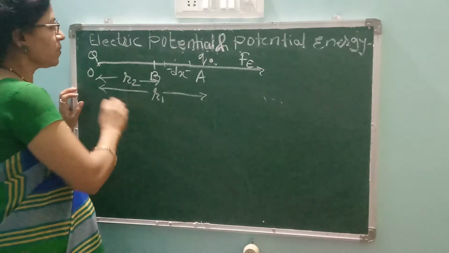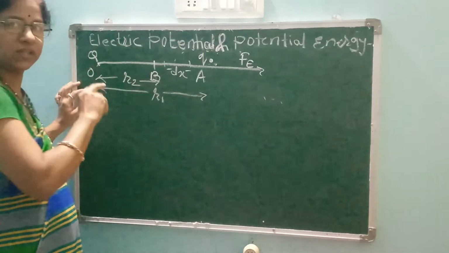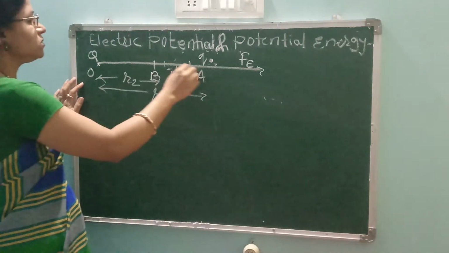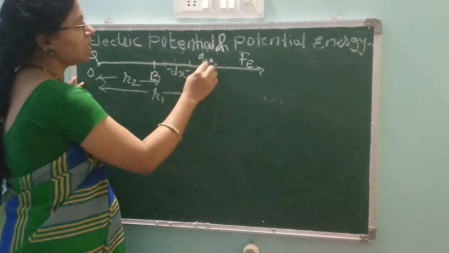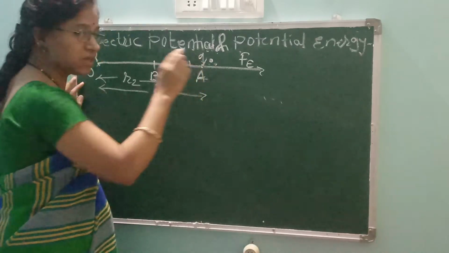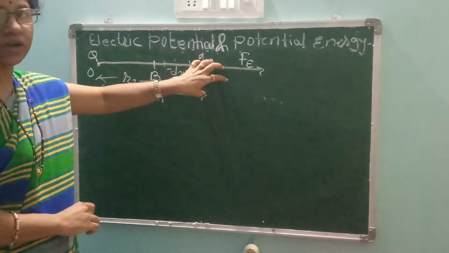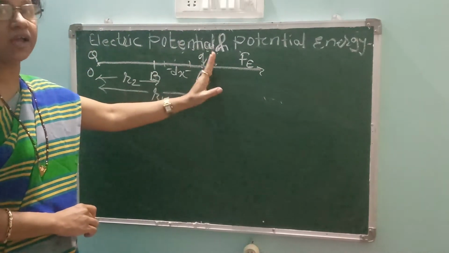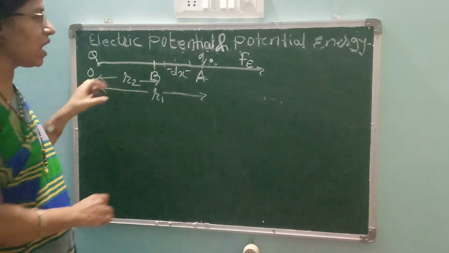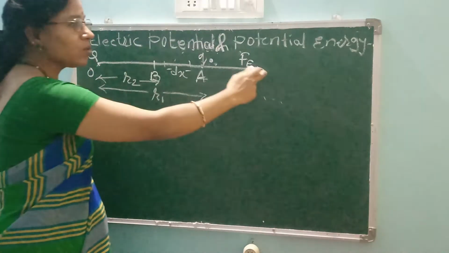Now see here, consider the point O, that is the source point. Now this is the point q0, and we will give the name A. At this point is the charge q0. Now इसको क्या करना है? He has to do work against the electrostatic force.